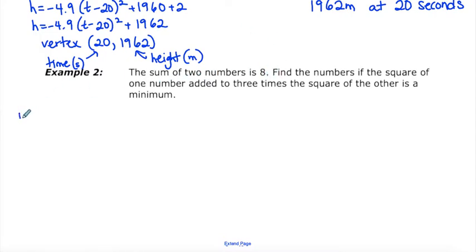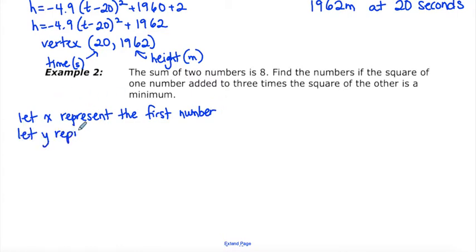So if I let x represent the first number, and for now, I'm going to let y represent the second number. I'm not going to want to use both of these numbers, but this might help you wrap your head around this question. So the sum of two numbers is 8.